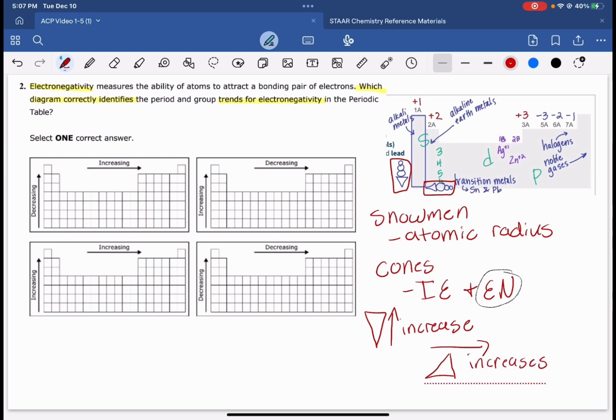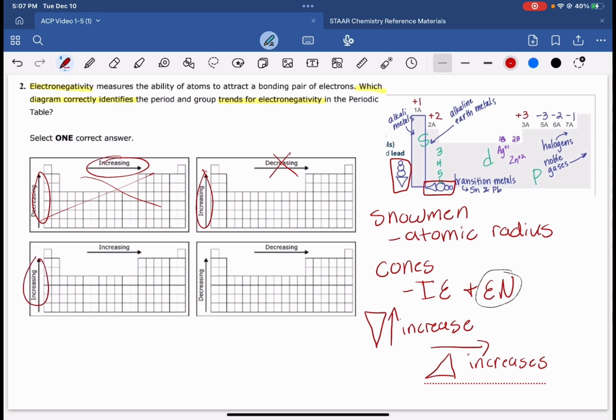So now we need to go over and look at the charts and see which ones match what we have written down that we got from our labeled periodic table. So we see that this one says decreasing and increasing. While increasing is correct, decreasing is not, so we're going to cross that one out. This one says increasing here, which is correct, but decreasing here is not.